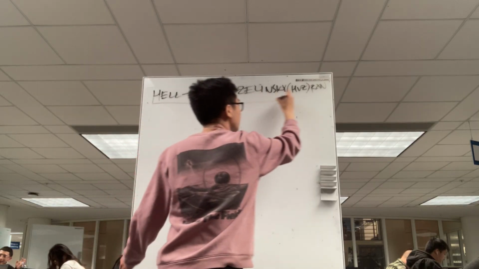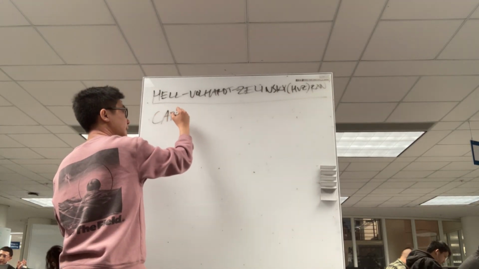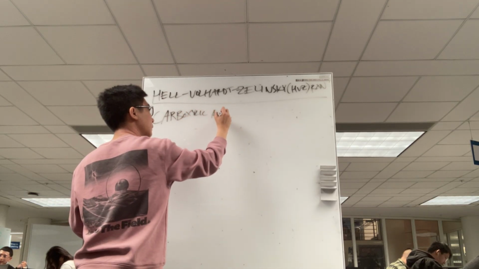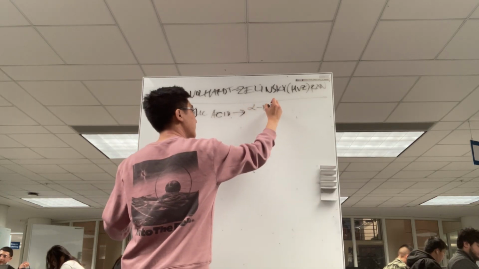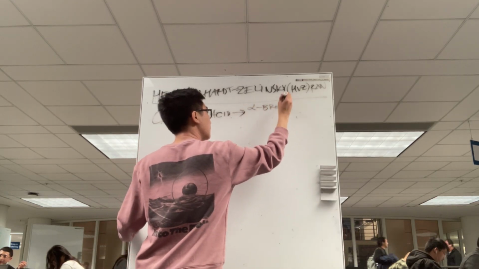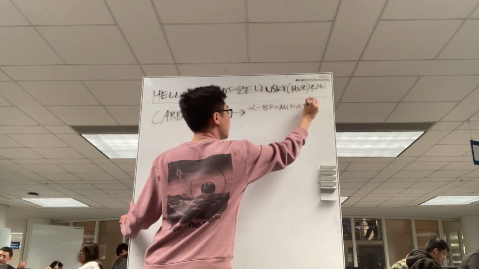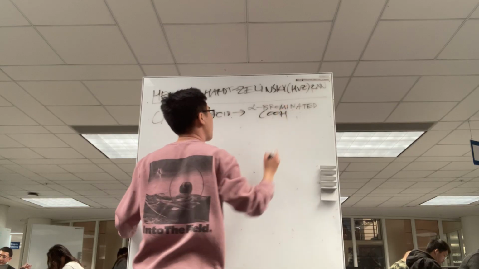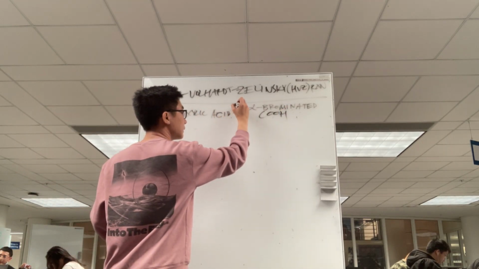So what this will do is start with a carboxylic acid, and that will create an alpha brominated carboxylic acid.